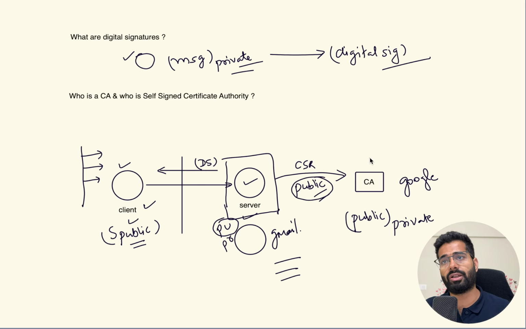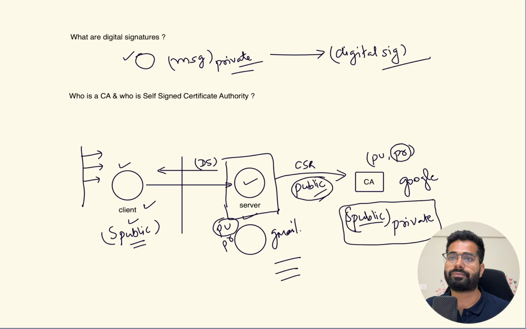The certificate authority also has a public key and a private key, right? So it uses its private key to sign the public key of the server. Now this becomes the digital signature, and it is returned back to the server.